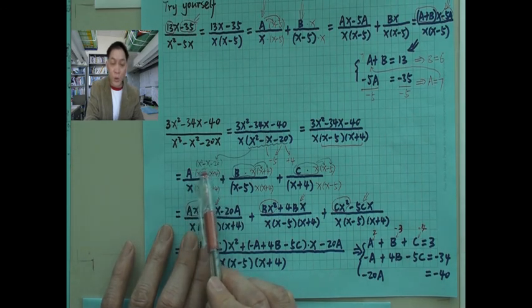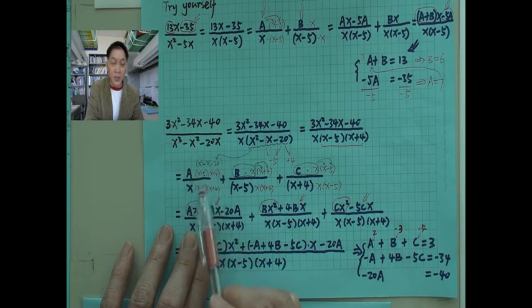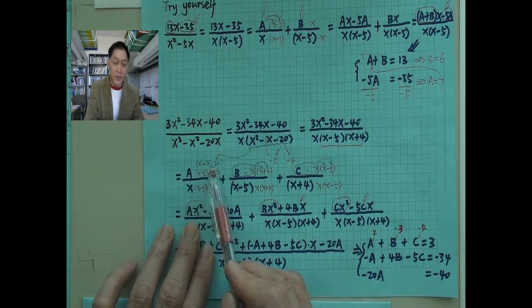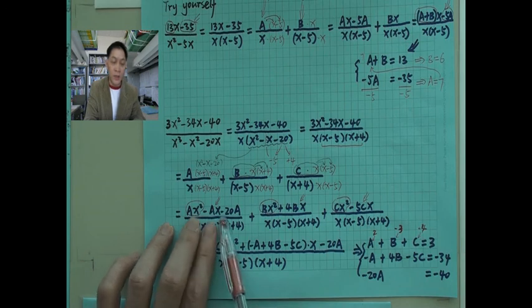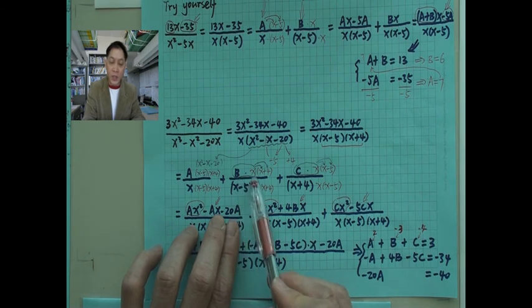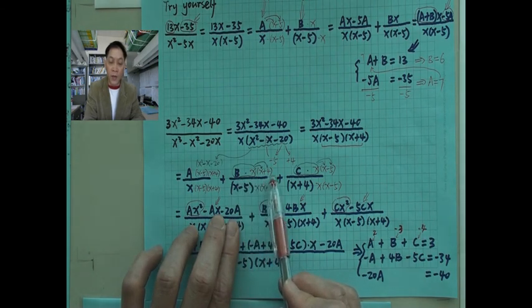Now, a times this quantity means a times the whole thing, everything inside. So a times x squared is ax squared. A times negative x is negative ax. A times negative 20 is negative 20a. And here is bx times x plus 4, again bx times everything inside.